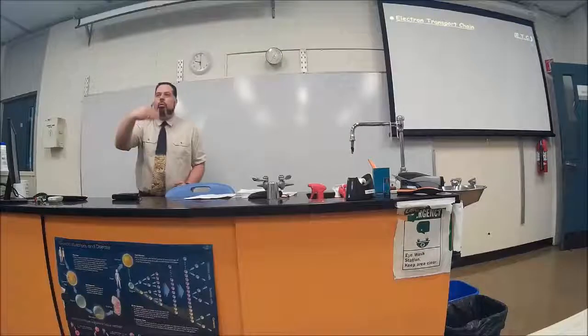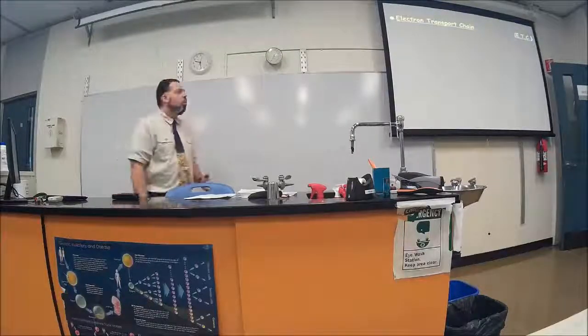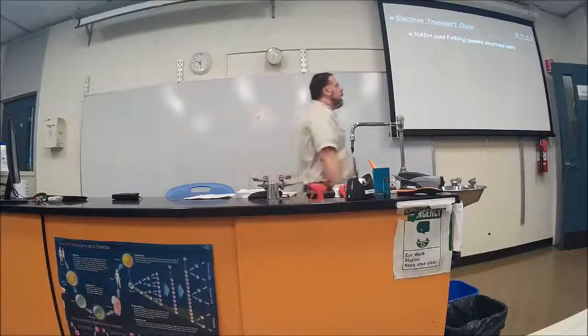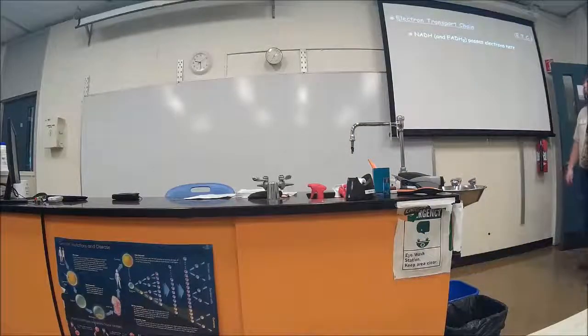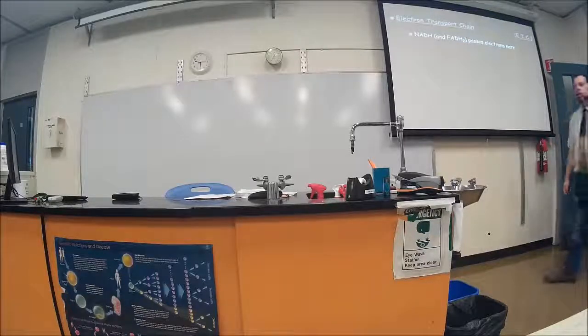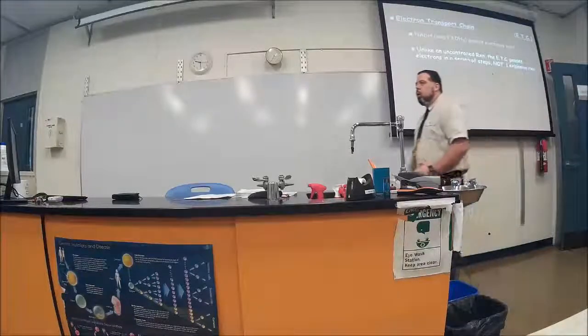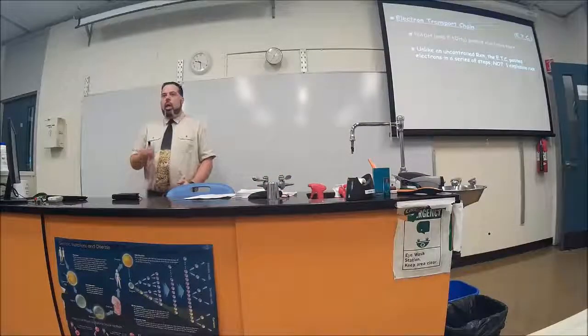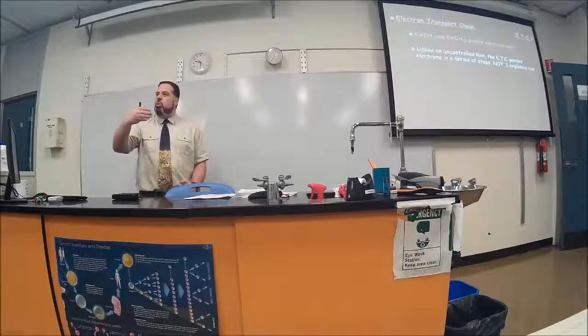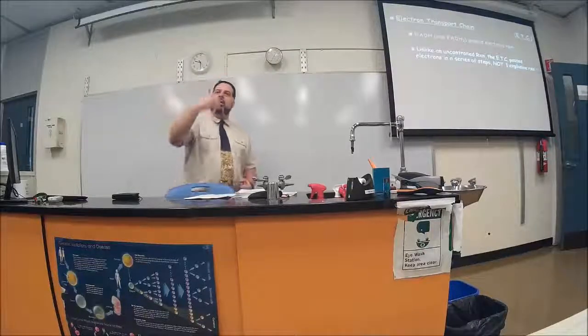It's a chain of events that happen. So NADH and FADH2 pass these electrons through this electron transport chain. And in order to do that, it has to do it as a chain. It does it in steps.